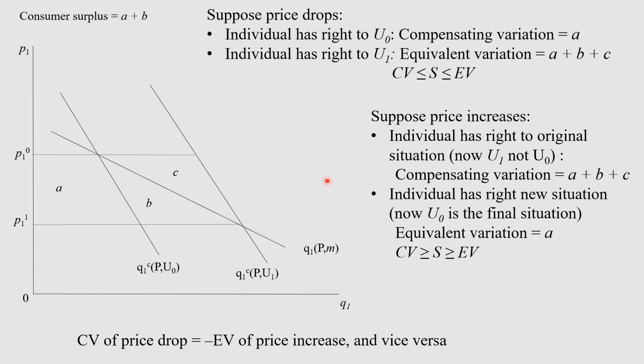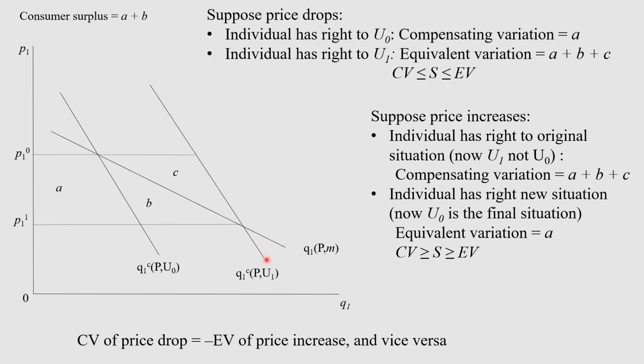Here we have the Marshallian or ordinary demand function. Notice that it's a function of price, so movement along the demand function occurs as prices change, but it's also a function of M. So if we change the budget, there'd be a shift in this function.